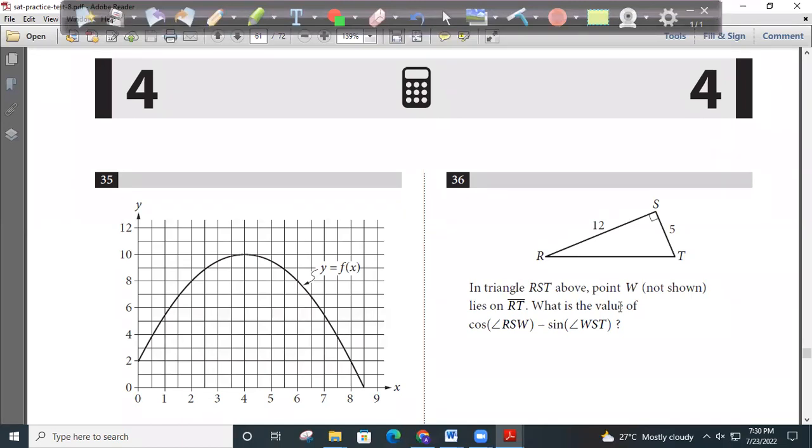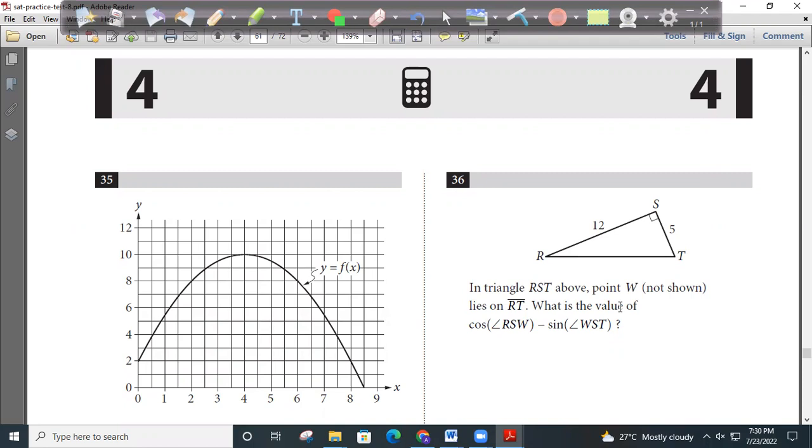Question number 36. No question is difficult unless we make them difficult. Just read the question, apply all the formulas, all the points that I applied, definitely will be able to solve. Without any difficulty, you will be able to solve. I need answer for question number 36.